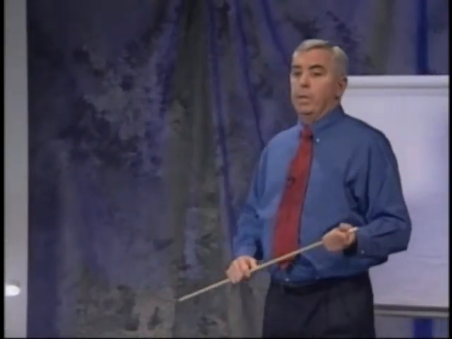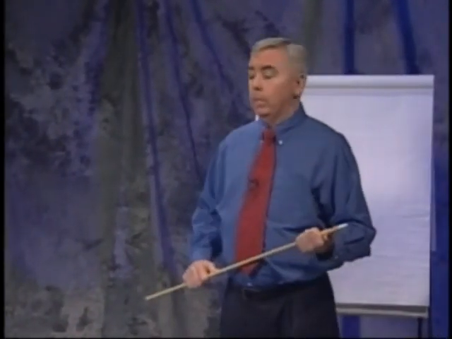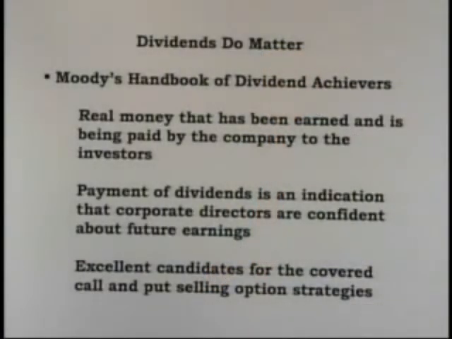And then another screen I use to find good, healthy companies is Moody's list of dividend achievers. And the dividend is really a good indication of a company's health, because they're not going to declare a dividend unless they have the money to pay it out. So if a company has a high dividend growth rate, you know that they're doing well.